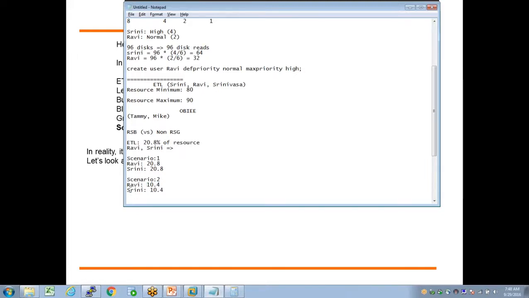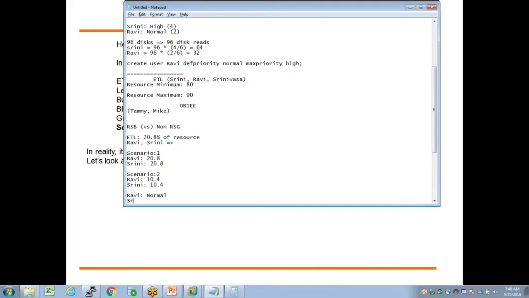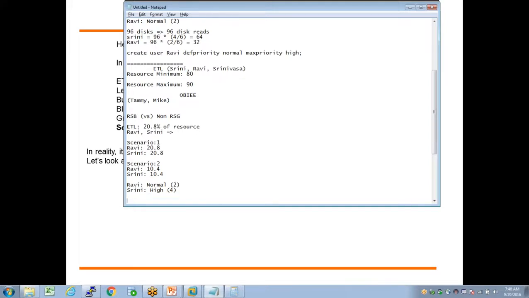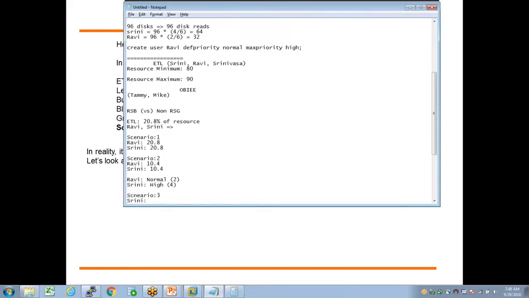resources here. So when I define Ravi as a normal user and Srini as a high priority user, that means for every 4 resources this guy gets, that guy gets 2 resources. So this is scenario 3. Now Srini gets, out of 20.8 resources, 4 by 6.